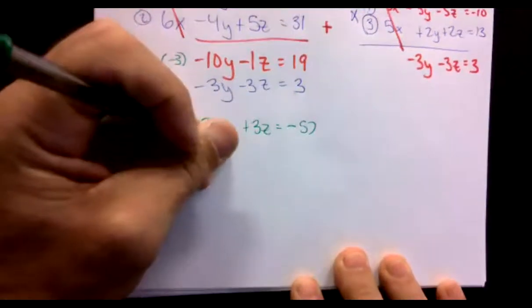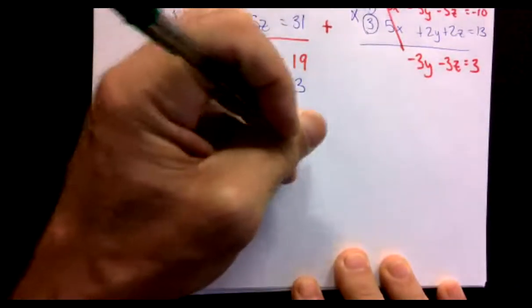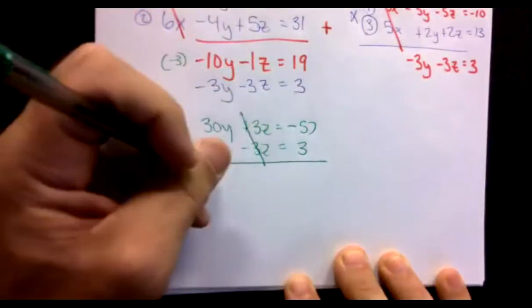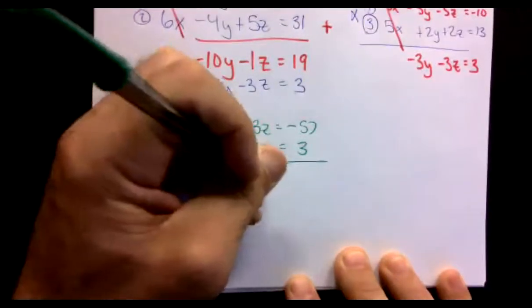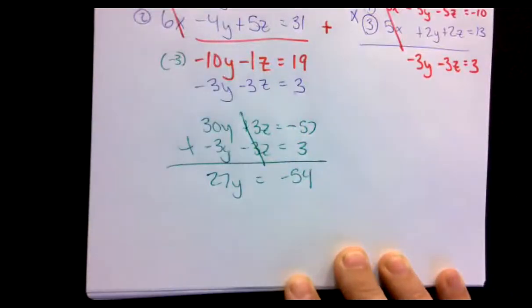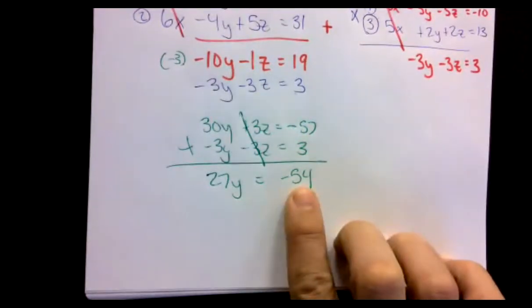I've still got negative 3y, negative 3z equals 3. Add, my z's cancel. I get 27y equals negative 54.